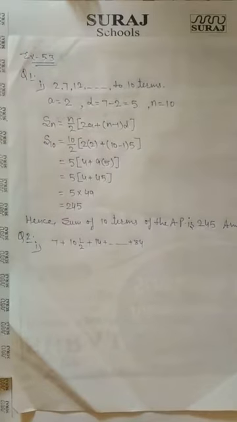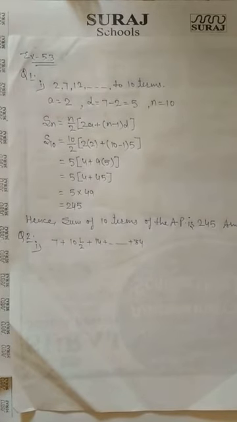Okay students, here the expansion is given in addition form. So students, it is not defined how many terms there are. A and d we can pick up easily, but how many terms there are is not decided.